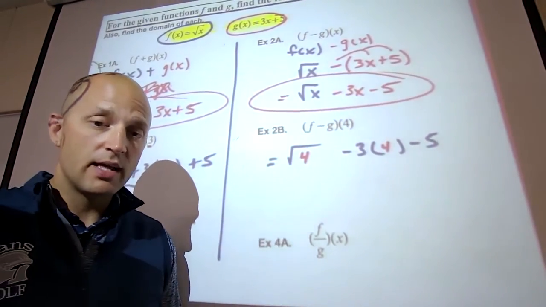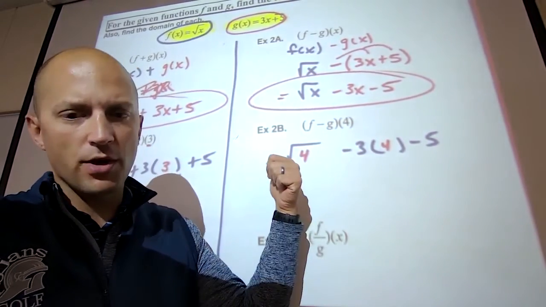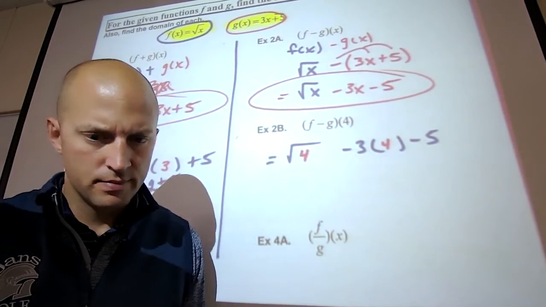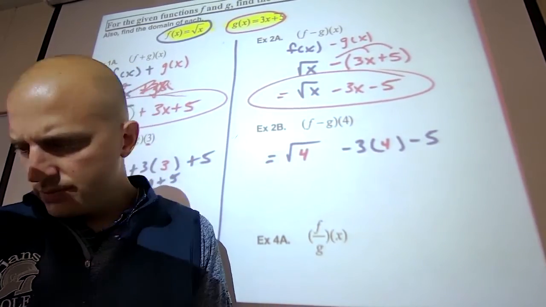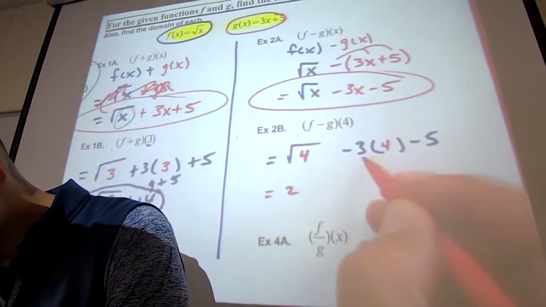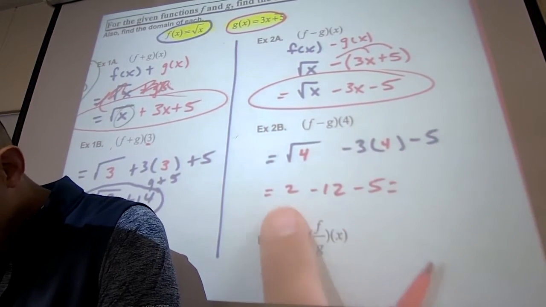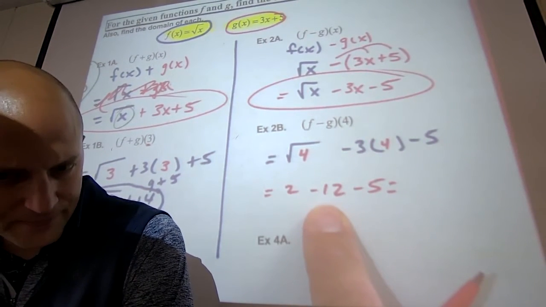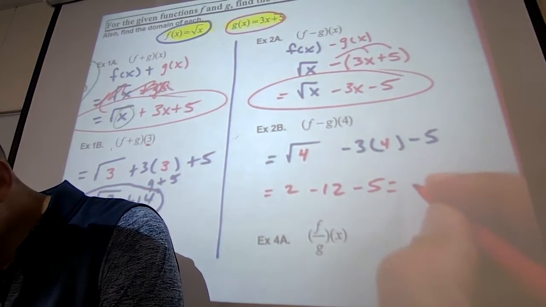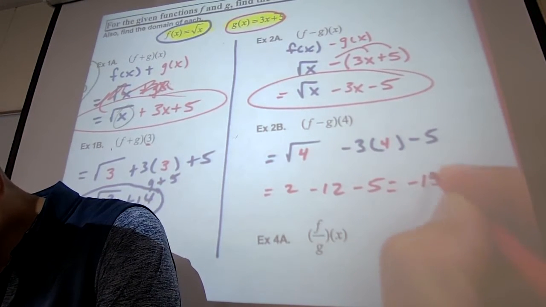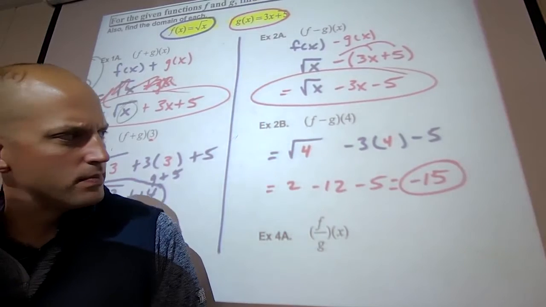Please excuse my dear Aunt Sally as we're plugging in. Square root of 4, you all know is what? 2. Negative 3 times 4 is negative 12, and then minus 5. So 2 minus 12 is what? Negative 10. Negative 10 minus 5 is negative 15. And that's it.